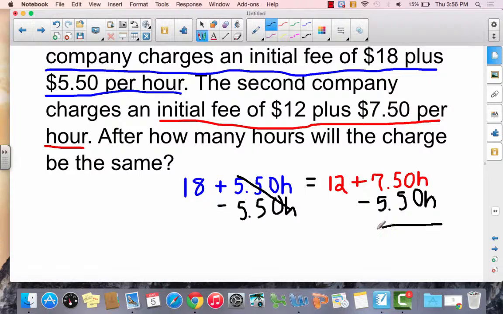After subtracting, on the left side I'm left with 18. On the right side I'm left with 12 plus 2h.